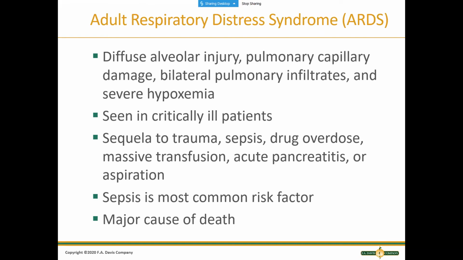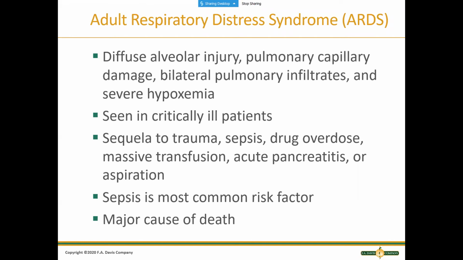Your pancreas secretes digestive enzymes to help digest food, but if it gets plugged up, it starts digesting itself. And that's called acute pancreatitis, extremely painful.